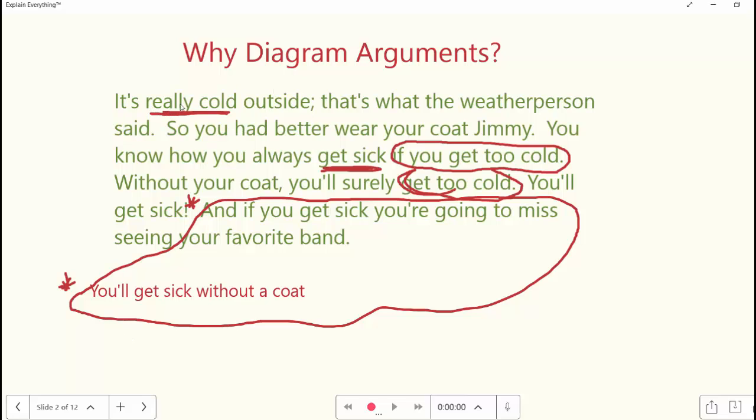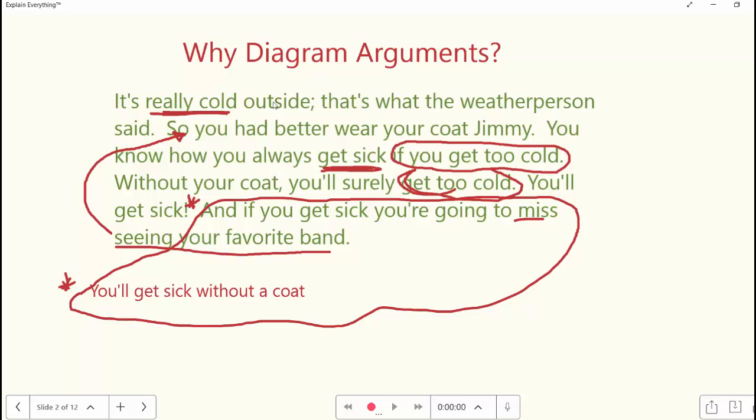And that's because it's really cold outside, right? And presumably, because we really don't want to miss our favorite band, we don't want this to happen, we had better do the thing that's going to prevent that.